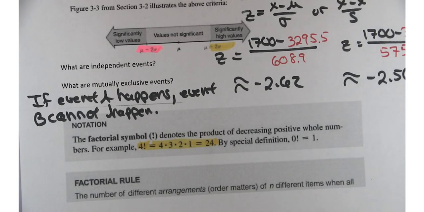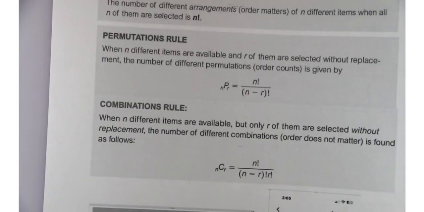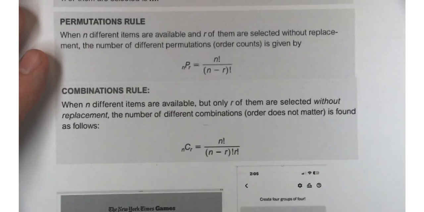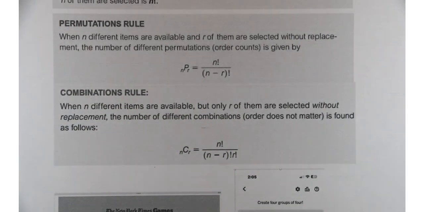But let's take a look at some other things involving factorials and such. Now, one of the big things that it led to when we were talking about factorials was permutations and combinations. What's the big difference between these two? Yeah, if order matters or order doesn't matter. Which one does order matter?